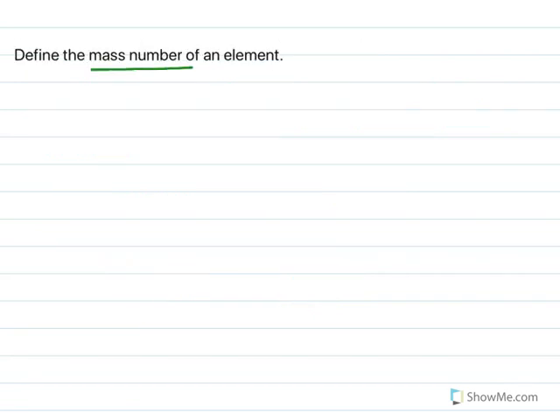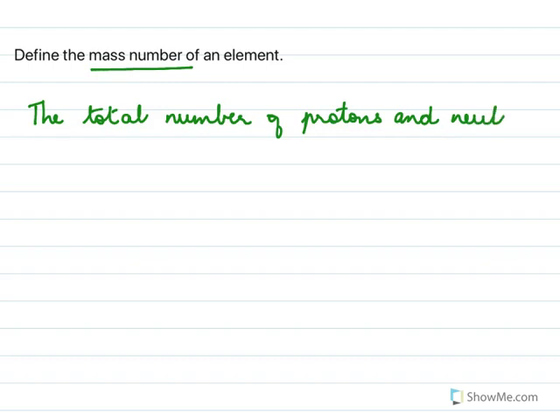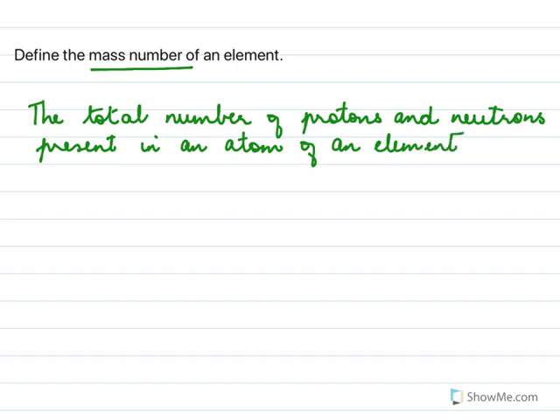Define the mass number of an element. The total number of protons and neutrons present in an atom of an element is known as mass number.